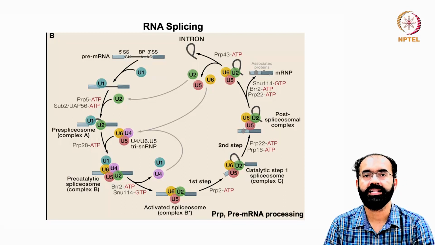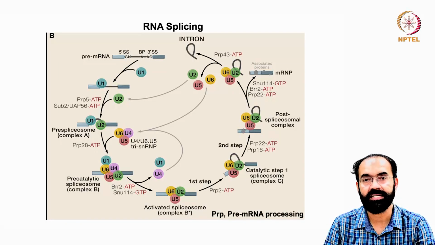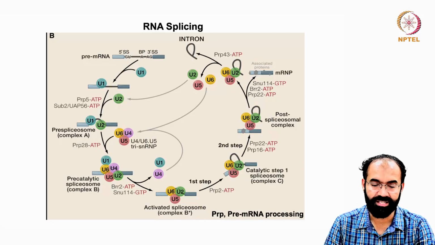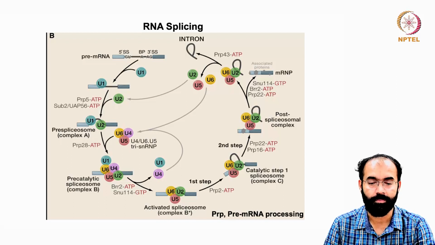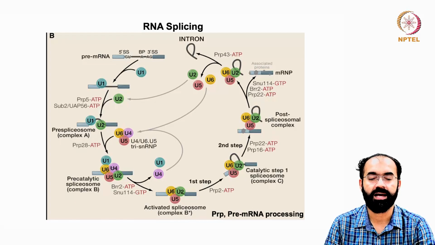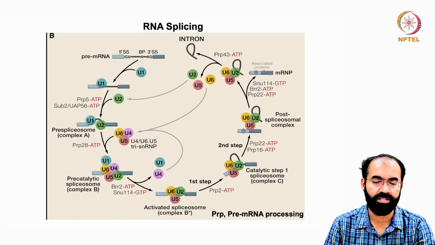So we were here in the previous class, RNA splicing in detail, and we were seeing the proteins involved and the complexes that are formed, like complex A, complex B, complex B star, complex C, and the post-spliceosomal complex, during which 5 snRNPs are utilized: U1, U2, U6, U4, U5.